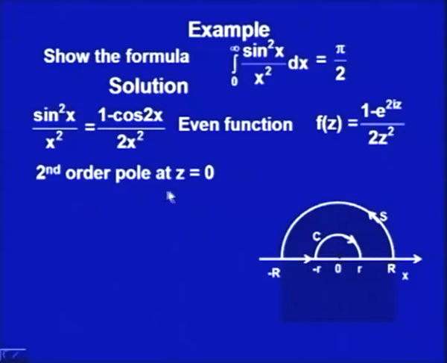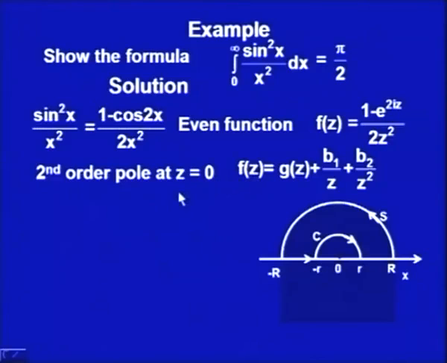The function has a second order pole at z equal to 0, and inside and on the closed contour which I just described, the function is analytic. Since it has a pole of the second order, we can write the function f of z as g of z plus b1 upon z plus b2 upon z square.